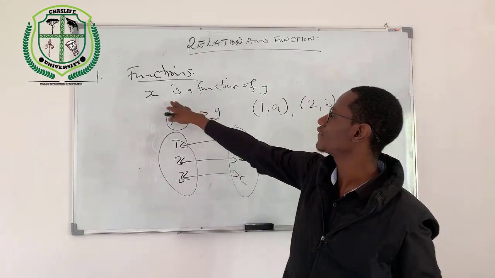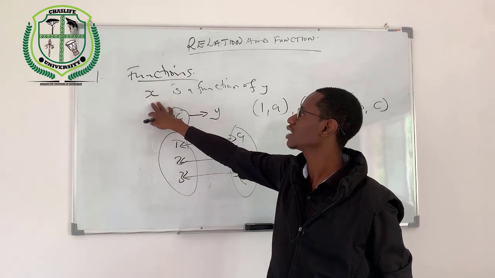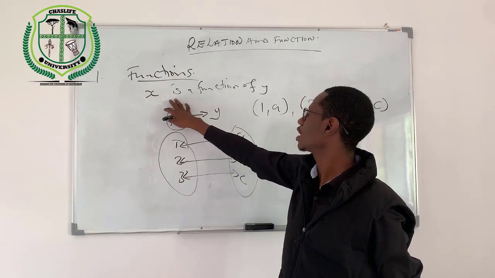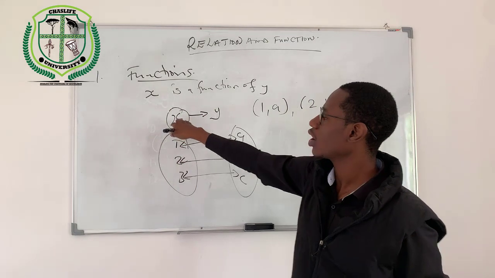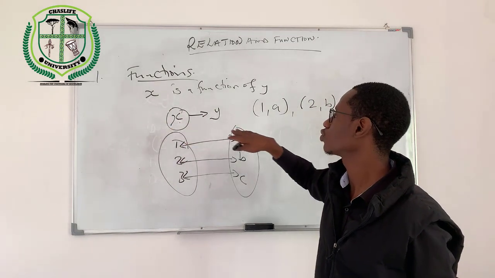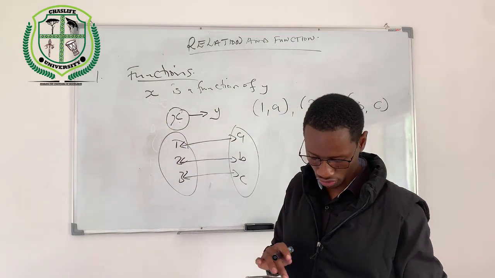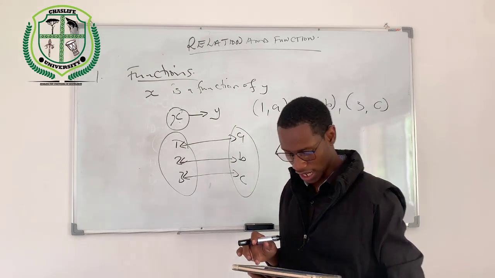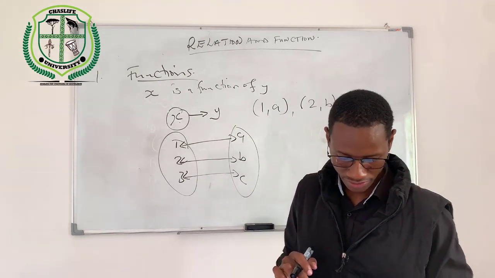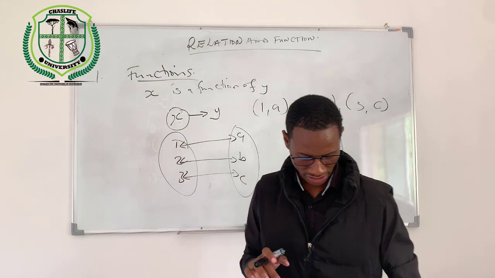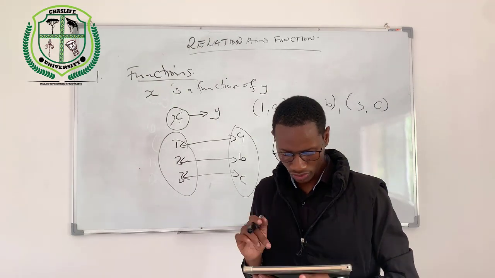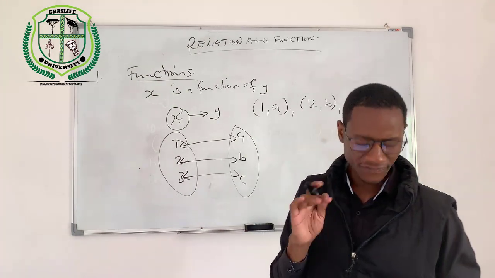Now, a good function is a situation where all elements in x are mapped to elements in y. So that's what we're talking about, a relation or a function. Okay. Now, without wasting much time, let's look at the function notation.